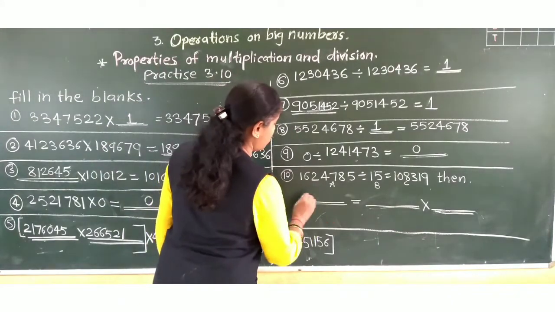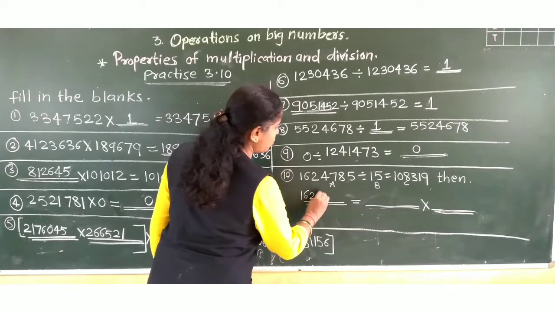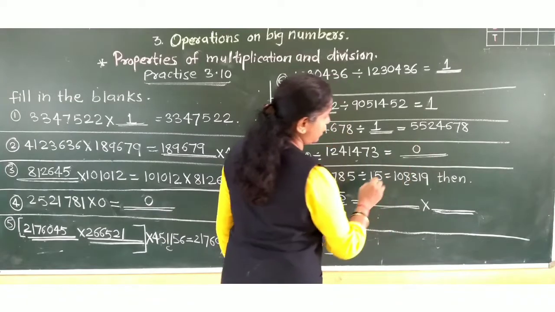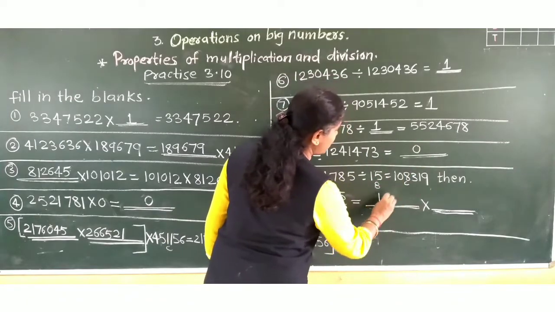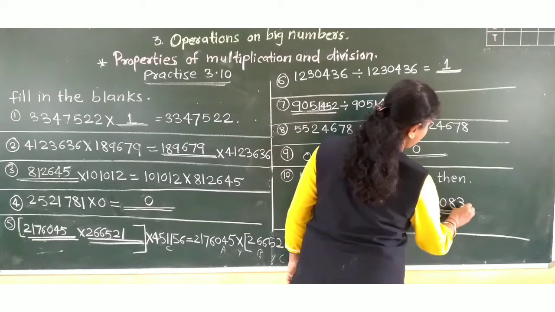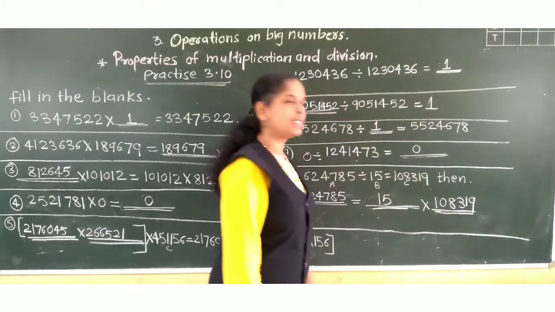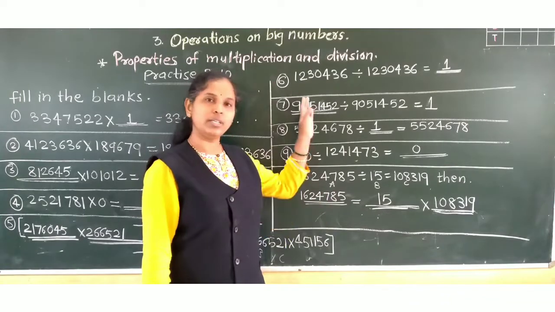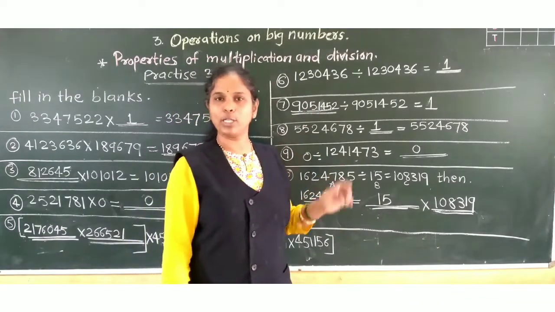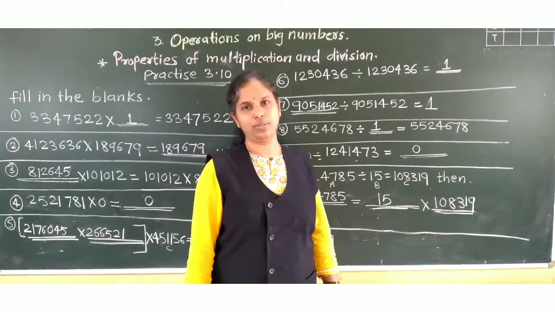See here, A is equal to B into C or C into B, you can do either. This is the answer. Followed? This whole practice is based on the properties of multiplication and division. Okay?